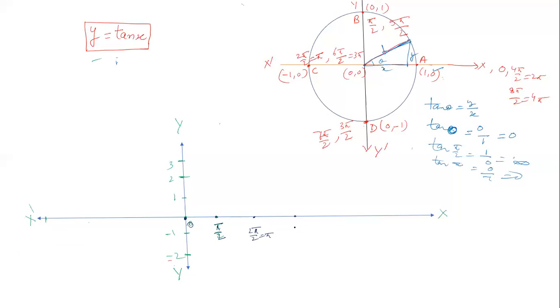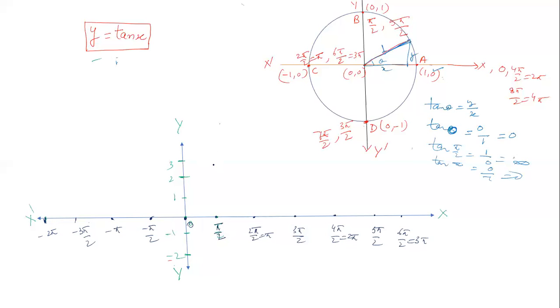Then 3 pi by 2, then 4 pi by 2, that is 2 pi. Then 5 pi by 2, then 6 pi by 2, that is 3 pi, and so on. Similarly, in this direction, we will take minus pi by 2, minus 2 pi by 2, that is minus pi, minus 3 pi by 2, and this is minus 4 pi by 2, that is minus 2 pi.